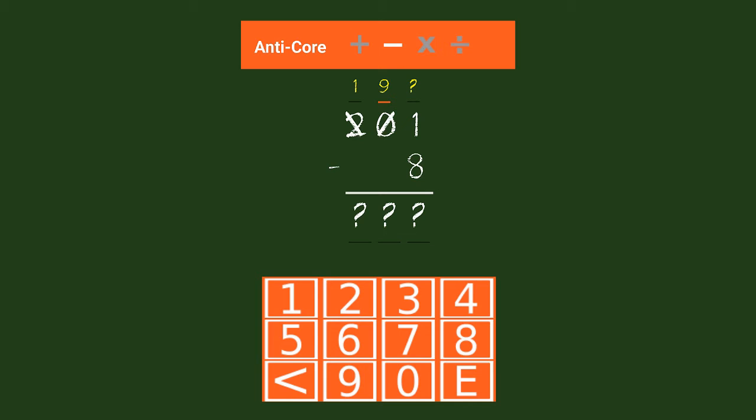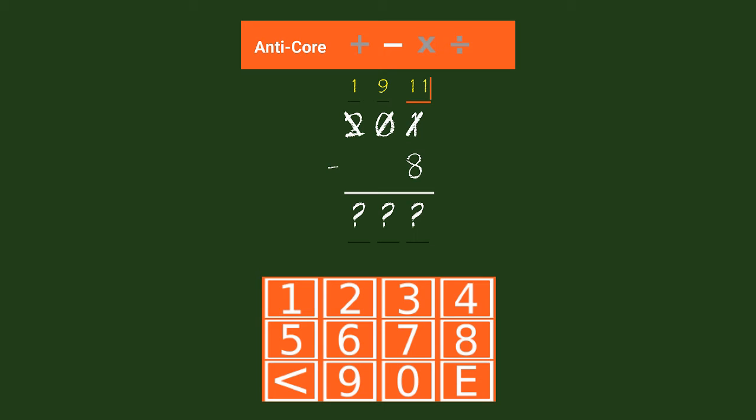Now we need to move the 10 we borrowed from the tens column to the ones borrow location, so add 10 to the 1 of the 201. Since 10 plus 1 equals 11, we need to put an 11 in the ones borrow location. Touch the question mark in the ones borrow location and then touch the 1 on the keyboard twice to put an 11 in the ones borrow location.